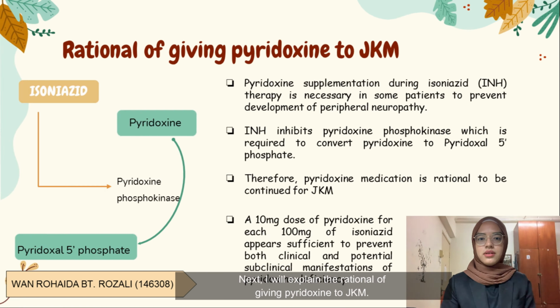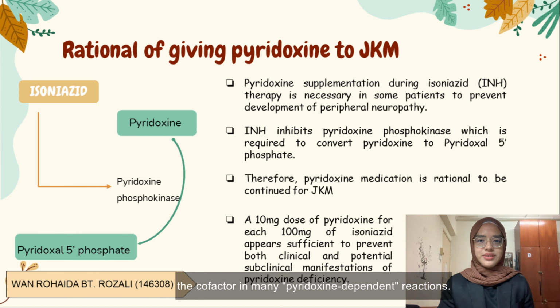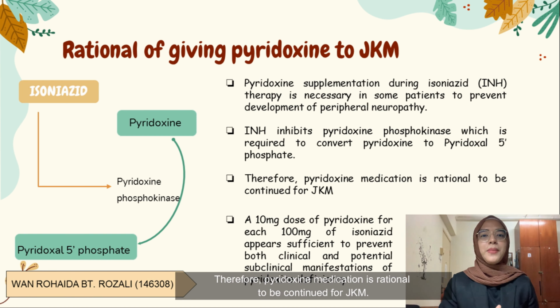The activity of pyridoxine in this metabolic function is competitively inhibited by isoniazid. Isoniazid inhibits pyridoxine phosphokinase, which is required to convert pyridoxine to pyridoxal 5-phosphate, the cofactor in many pyridoxine-dependent reactions. Therefore, pyridoxine medication is rational to be continued for JKM.